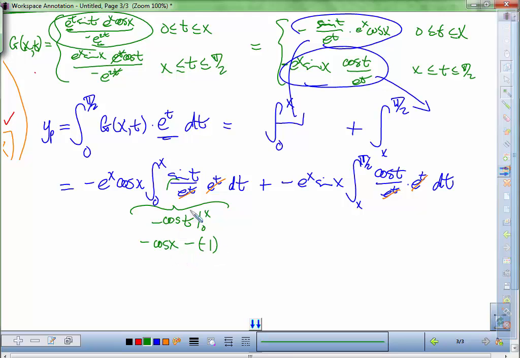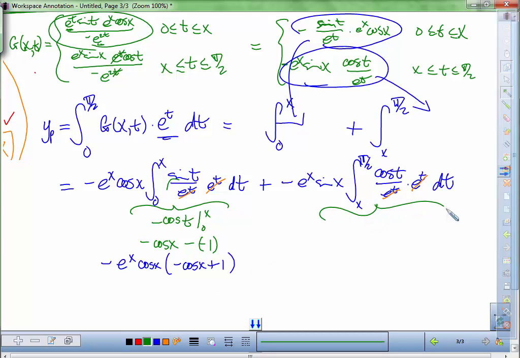So it'll end up being a plus 1. So what do we have? We have a negative e to the x cosine x times negative cosine x plus 1. Should we keep simplifying this or come back to this after we integrate the second one? Come back to it. Okay.